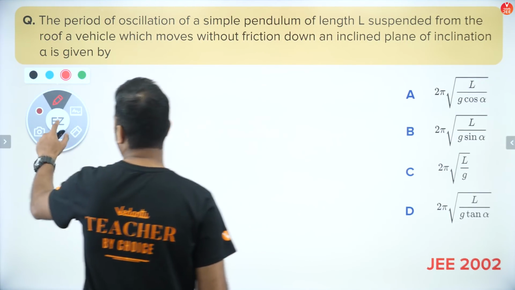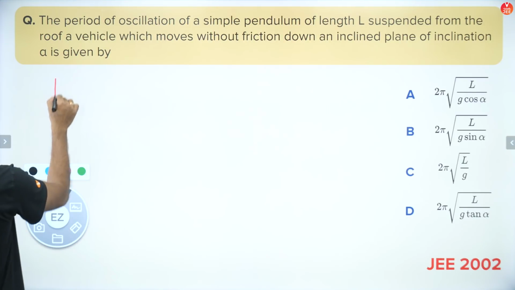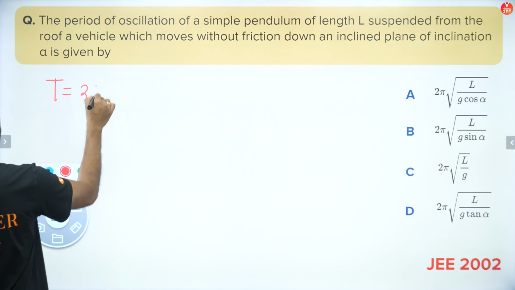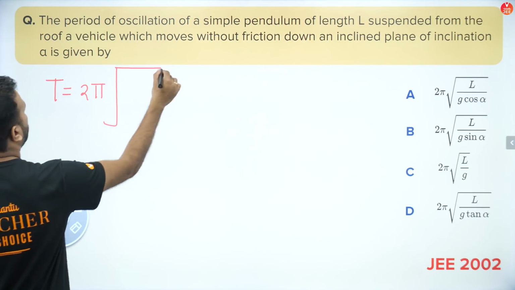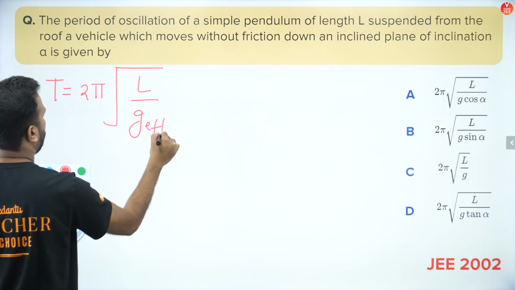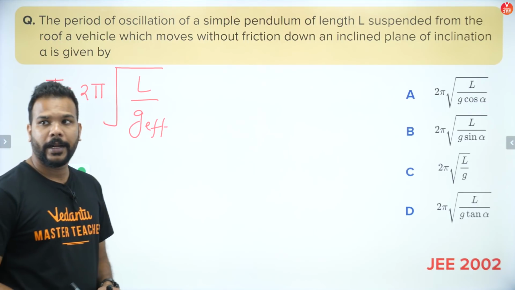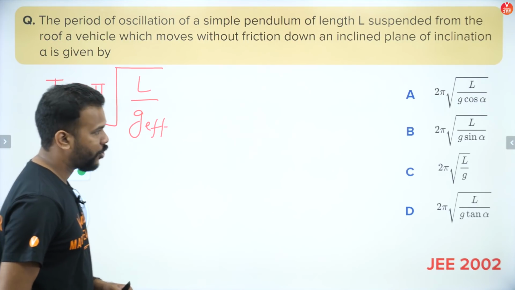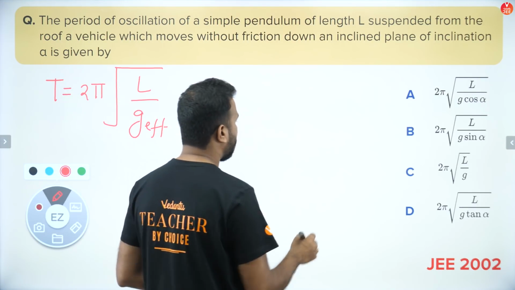All you have to do is basically find out the value of time period, which is given by 2 pi under root of L by g effective. This is what you have to solve, guys. So let's try to find out the g effective value here.